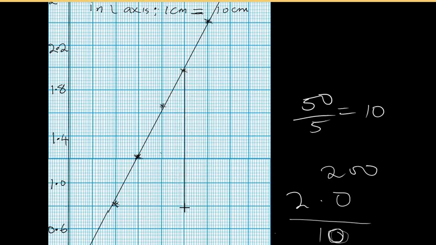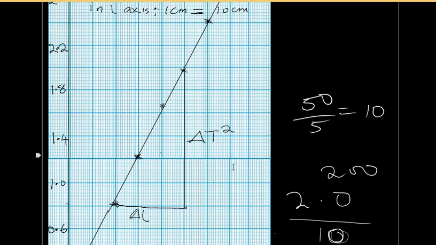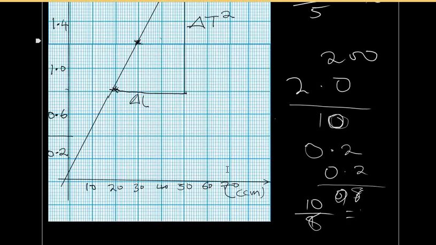The change again from this point to this point, the vertical change and of course the horizontal change. So this is delta t square, and this is going to be delta L. That t square changes from this value to this, while L changes from this point to this point.